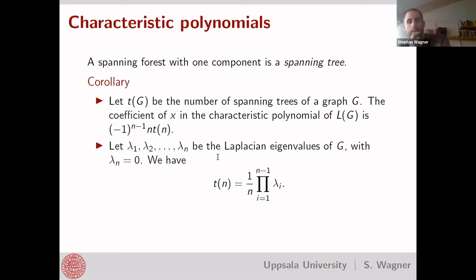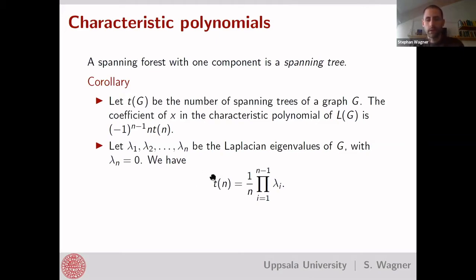As another consequence of that, we can express the number of spanning trees in terms of the Laplacian eigenvalues. So we take the Laplacian eigenvalues, let's say the last one is 0. Now we take the product of all the others and then divide that by the number of vertices, and that is then precisely the number of spanning trees for every graph, which is a nice connection also between the spectrum and a combinatorial problem, namely the problem of determining the number of spanning trees of a graph.